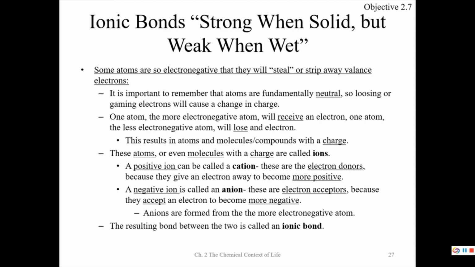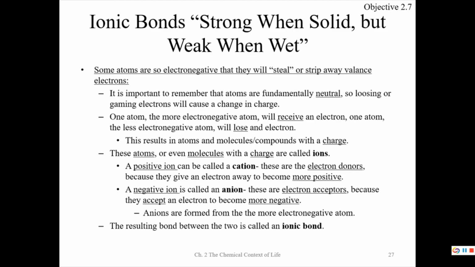Now, ions can be molecules or atoms. If it's a positive ion, it's called a cation. Cations are the electron donors. They give away electrons and become more positive because they now have one more proton than electrons.